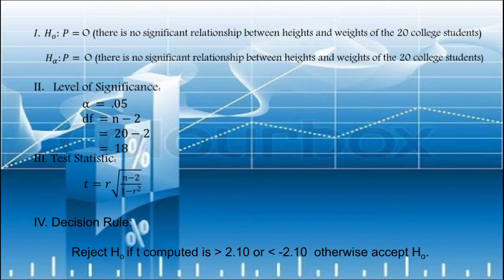The decision rule is to reject the null hypothesis if t computed is greater than 2.10 or less than negative 2.10, otherwise accept the null hypothesis. In our computation, we use the formula t equals r times the square root of n minus 2 over 1 minus r squared.